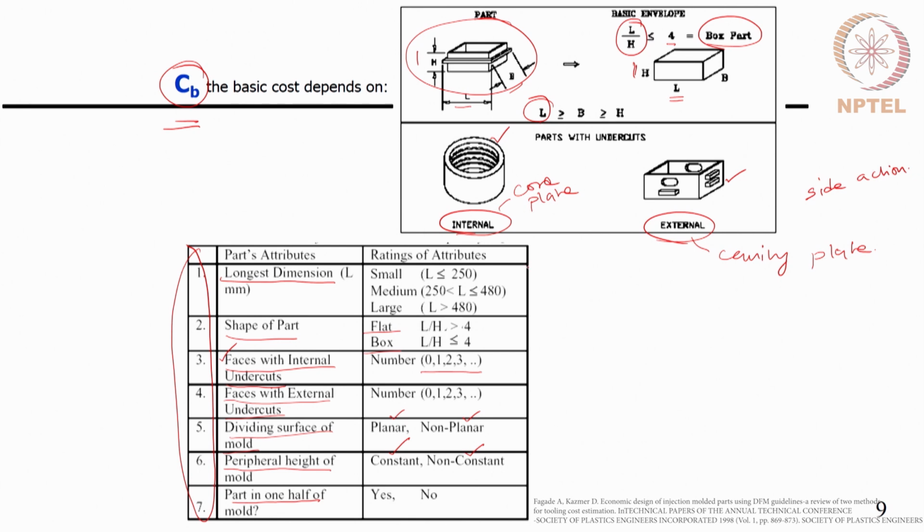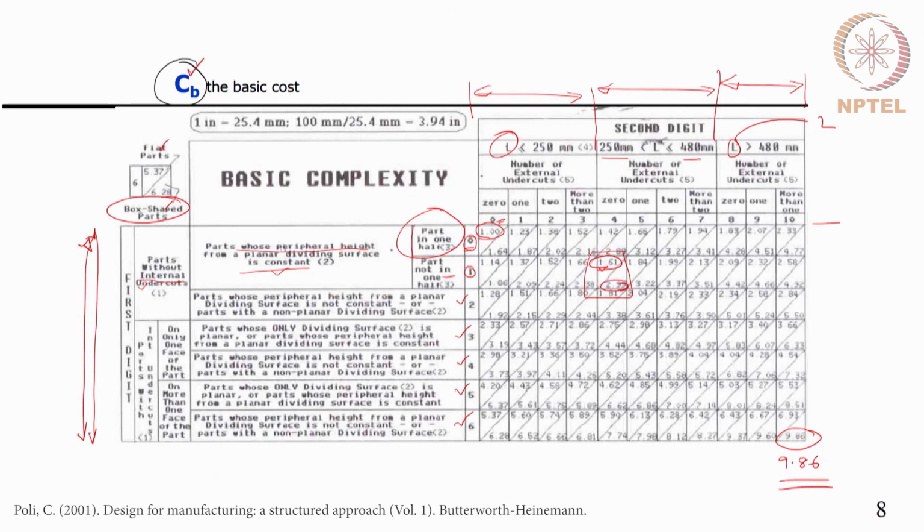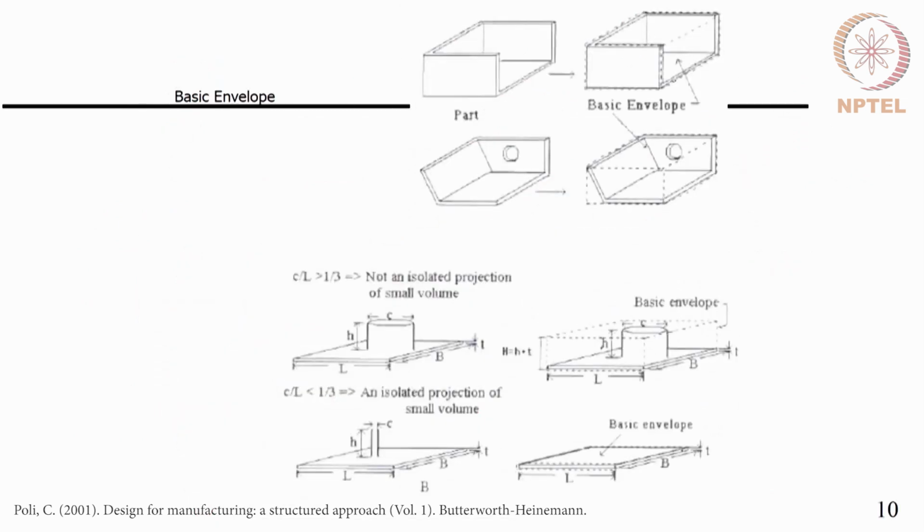So, we have a fair understanding that we have to get these 7 parameters from the part design and use this table to compute CB. These are with pictures illustrating that.